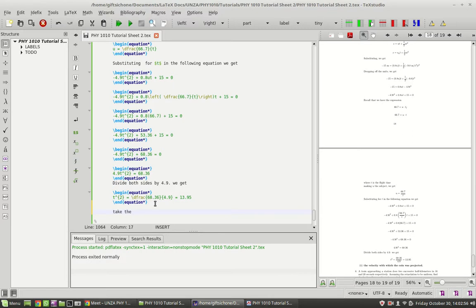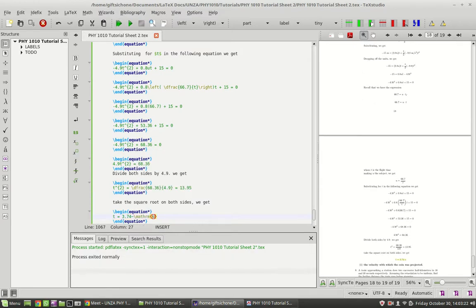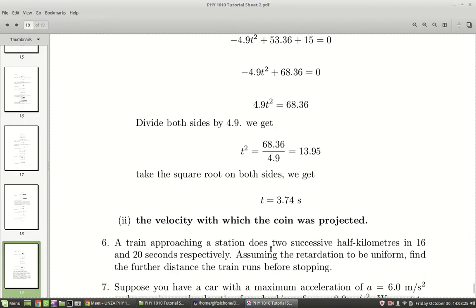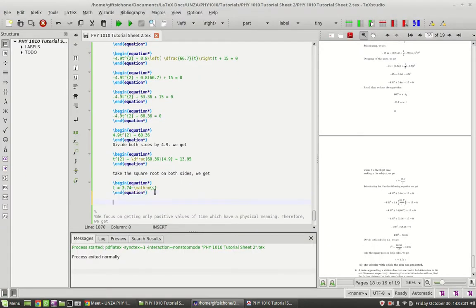We get t equals 3.74 seconds. That is our time of flight. So our time of flight is 3.74 seconds.